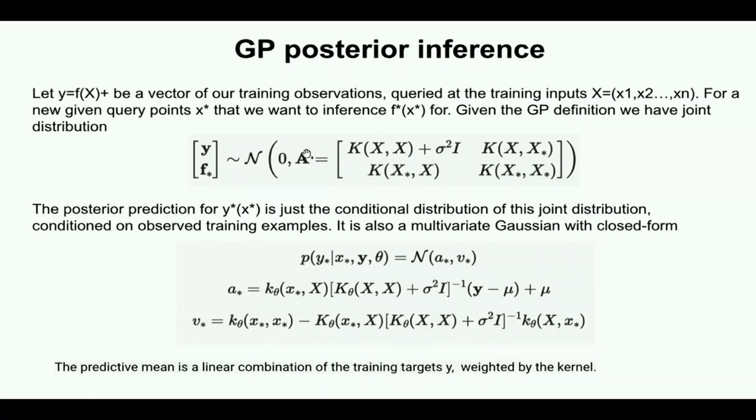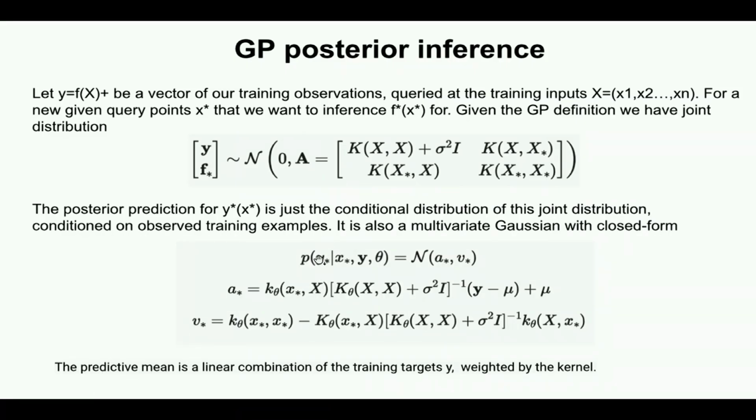So the problem of doing inference on x star essentially becomes a problem of doing a conditional multivariate Gaussian of y star, conditioned on the value of x being y. Instead of modeling everything as a joint, you set part of them as fixed because you know the value already. Conditioned on this value, what is the posterior value of the new points we're querying here, which is the y star.